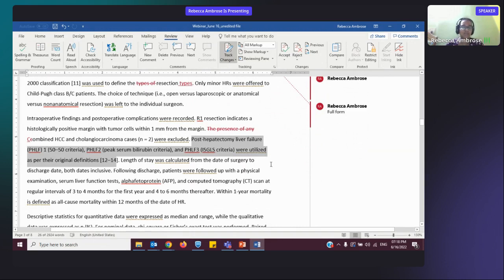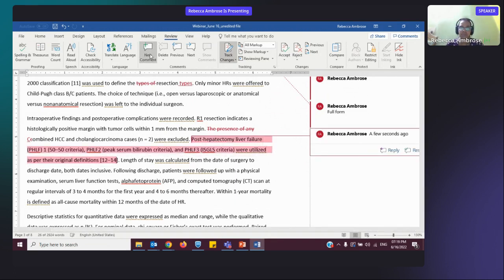I think they're trying to be very concise, but for somebody who is not too familiar with liver failure or hepatectomy, it may not immediately be clear what they're trying to say. So I think they meant that this kind of liver failure was classified in 3 grades, and we had criteria that were used. So again, we'll have to look this up to understand how best it's represented or if there's a way to improve this.